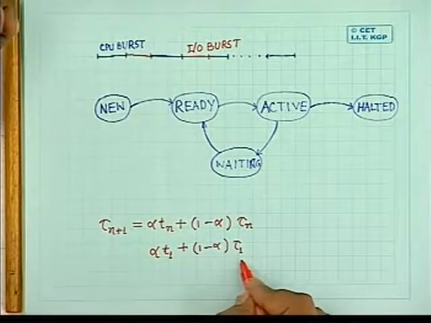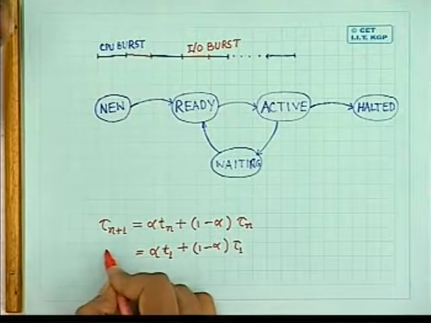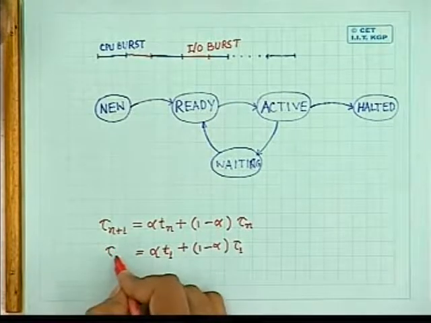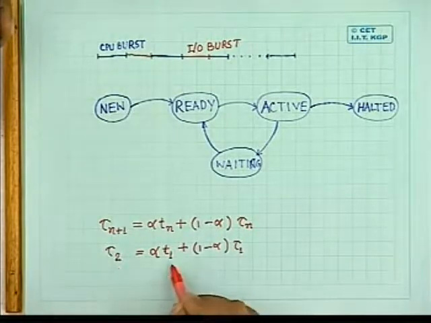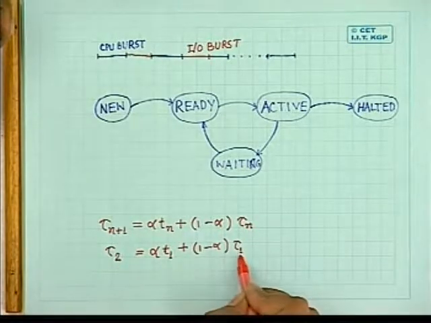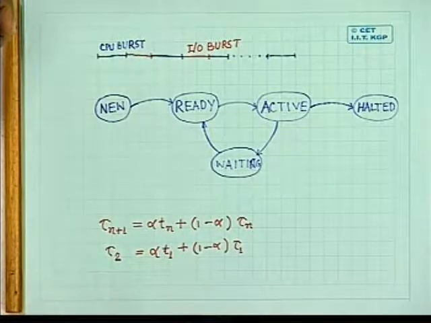So, tau 1 is unknown, and using this what I am doing is I am predicting the second CPU burst duration of the job. So, I am predicting tau 2 from T1 and tau 1, of which I know T1 because first time the job is to be executed in first come first serve basis.